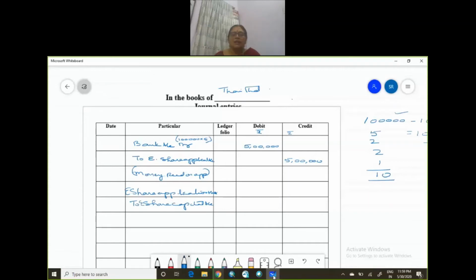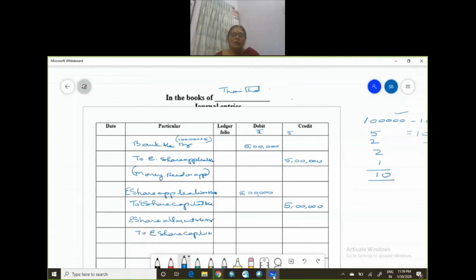So the same 5 lakhs. Okay. Now share allotment account debit to equity share capital account.